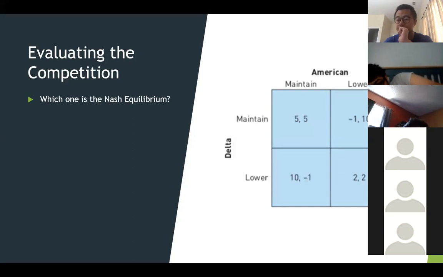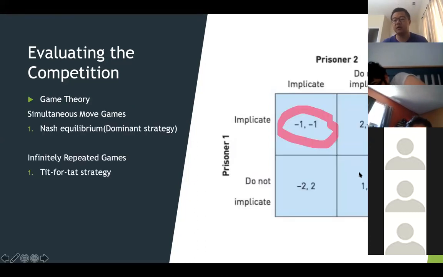Yes, it's 2, 2. I want to mention that in the first one, you can see the best payoff for the two sides, prisoner one and prisoner two, is 1, 1.